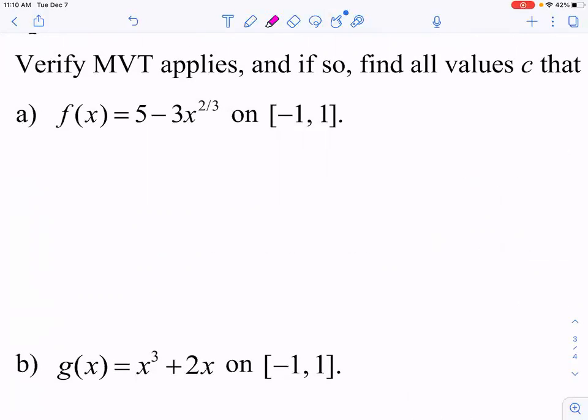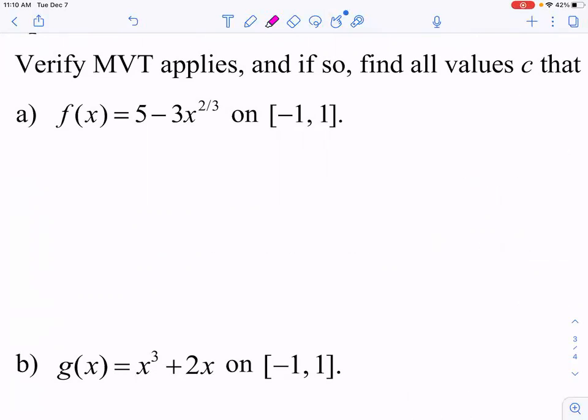What are the two conditions that need to be met before we can even consider looking at the mean value theorem? One, continuous on the what interval? Closed interval. Somebody, what's the second one? Differentiable on the open interval.